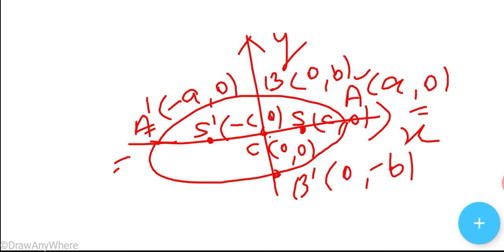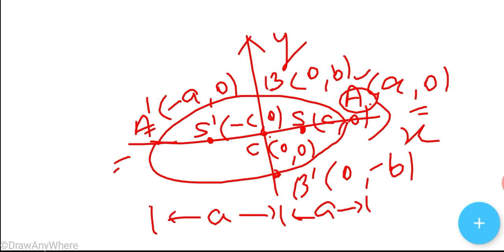The length from center C to capital A is a, and the center to A dash is also a. So the distance between A dash and A is 2a, since a plus a is equal to 2a.